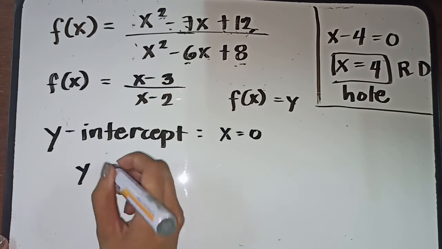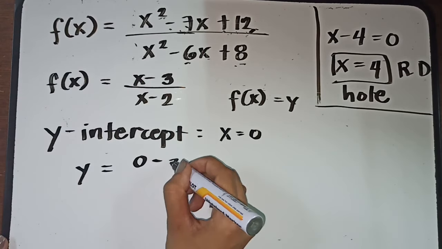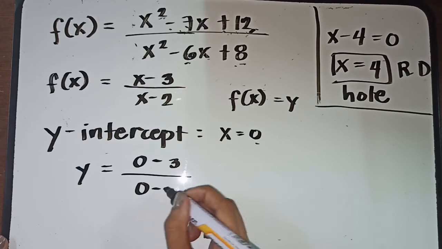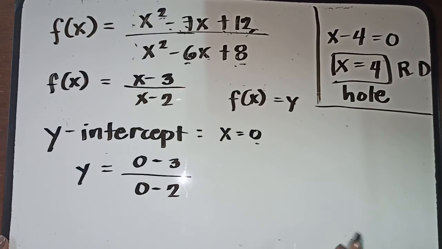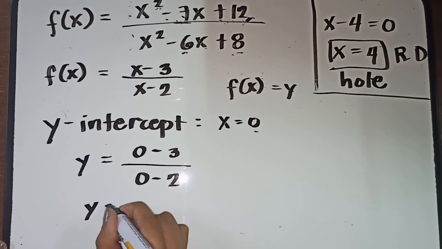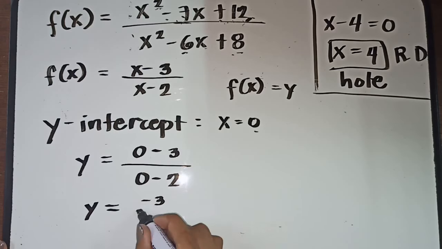So, that is y is equal to 0 minus 3 over 0 minus 2. Okay, so y is equal to 0 minus 3 is negative 3 over 0 minus 2 is negative 2.